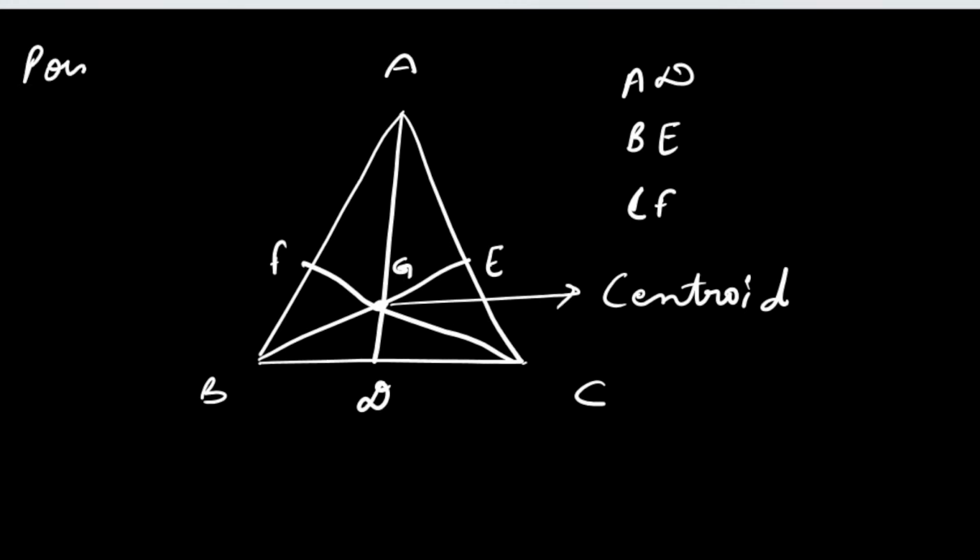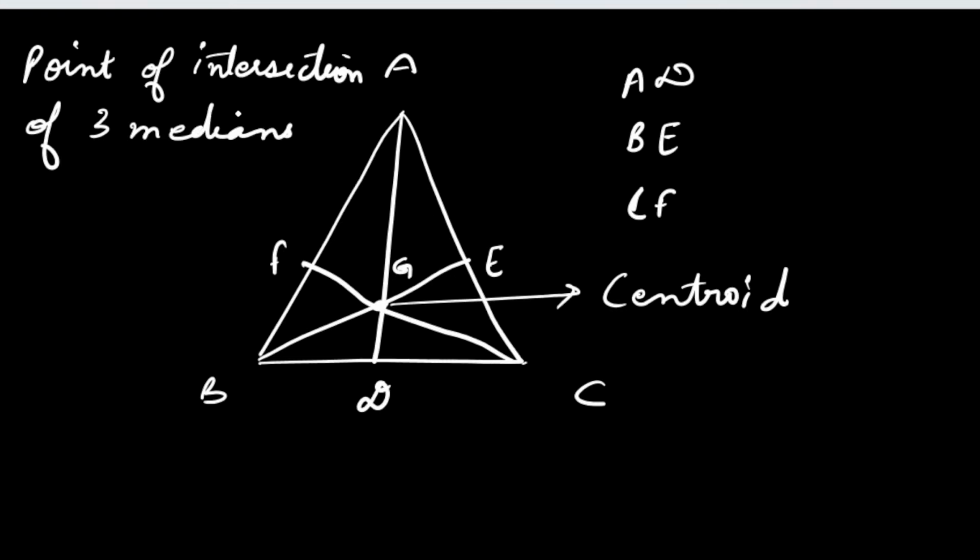The point of intersection of 3 medians is known as the centroid. This is very important. Median means this line AD is dividing BC at the midpoint.